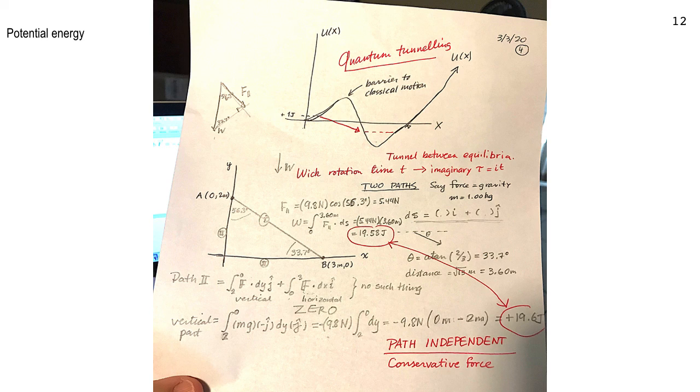Now Roman numeral 2 is going to be down and then over. So this is Roman numeral 2.